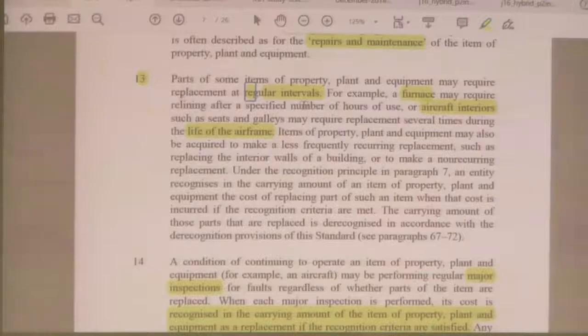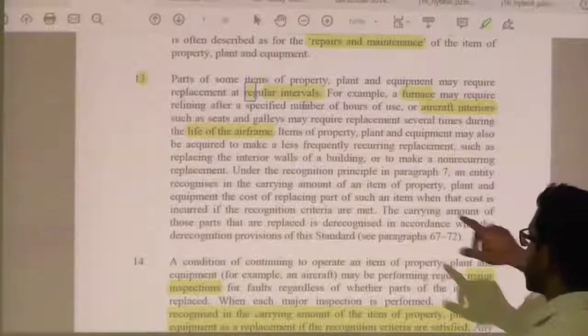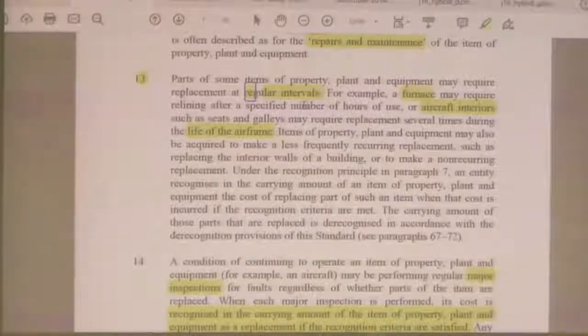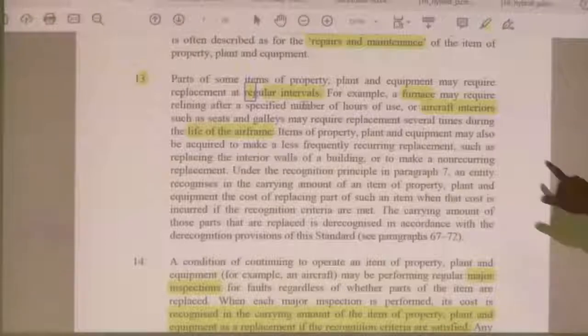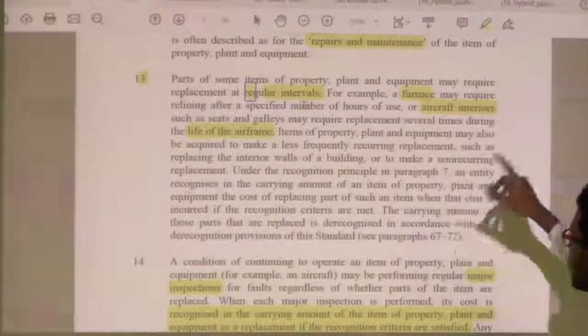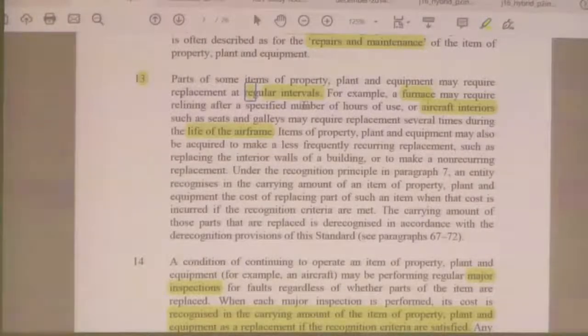For an example, a furnace may require relining after a specific number of hours, and aircraft interiors such as seats and other parts may require replacement several times during the lifetime of the airframe. These are examples of cost elements you may replace at regular intervals.